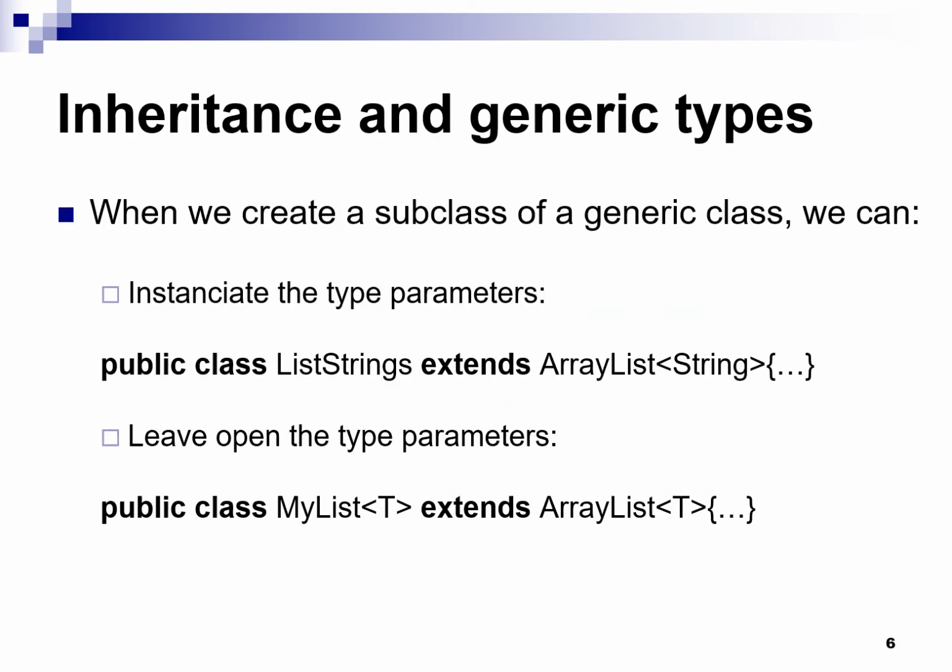What happens with inheritance and generic types? Well, you can extend a generic type, and you have two options. In the first option, you declare a type which is not generic anymore, and you do that by extending a generic type but then providing a concrete type for the type parameters of the superclass.